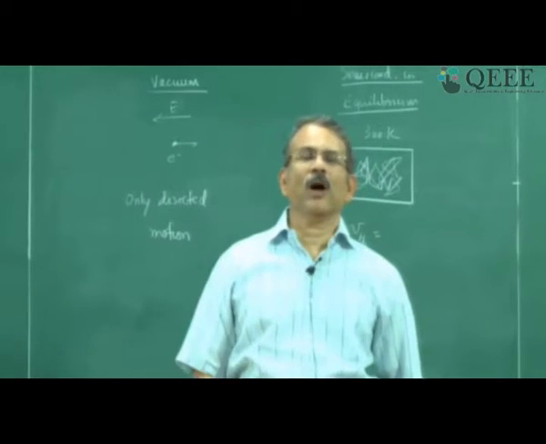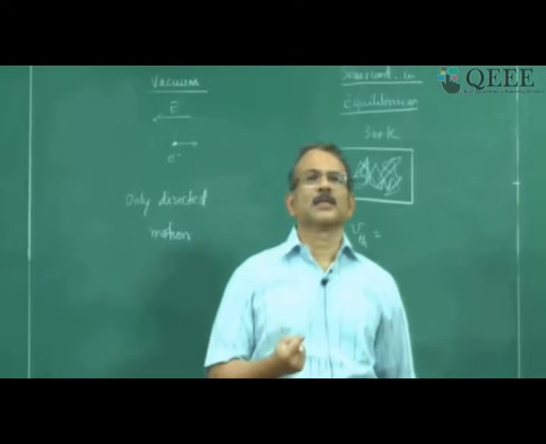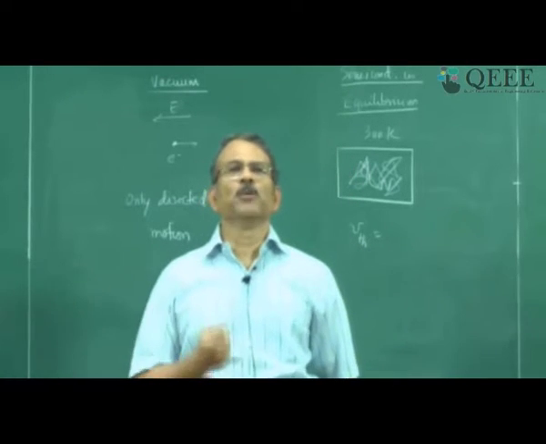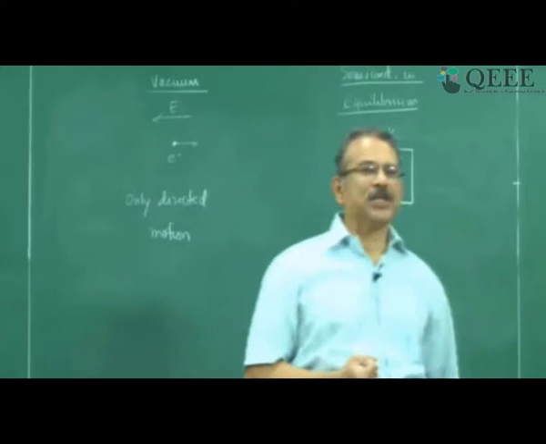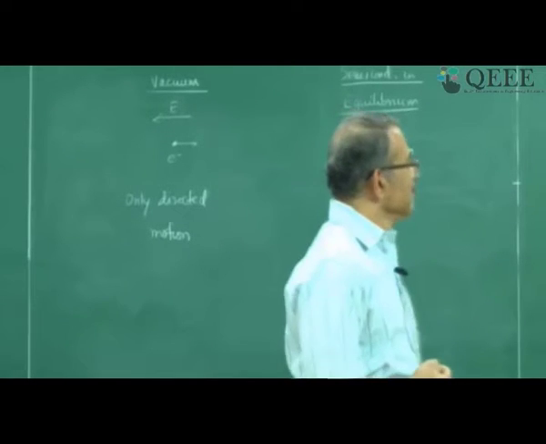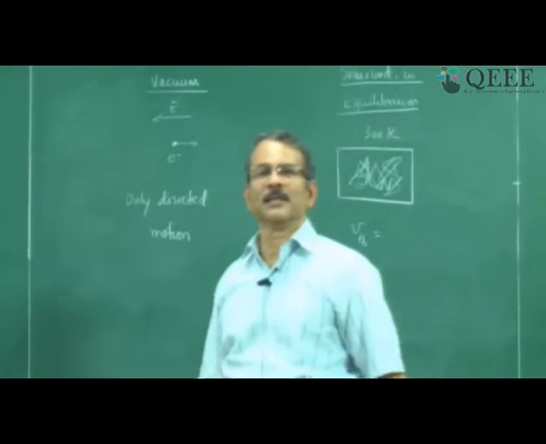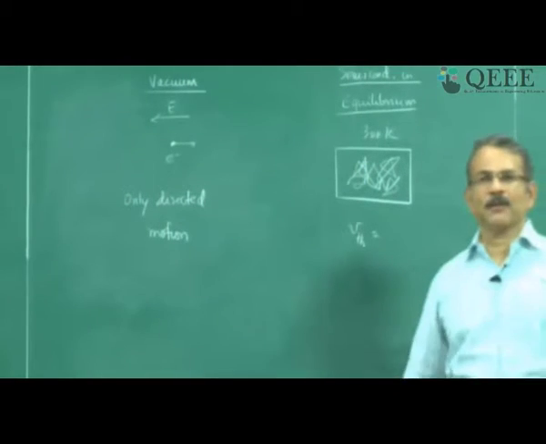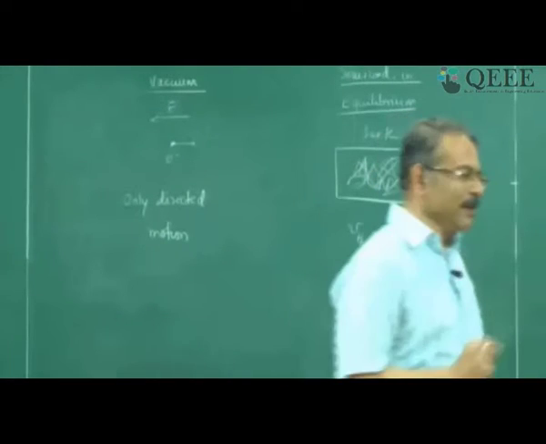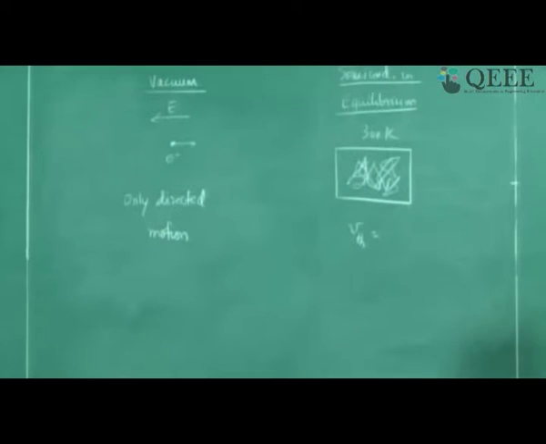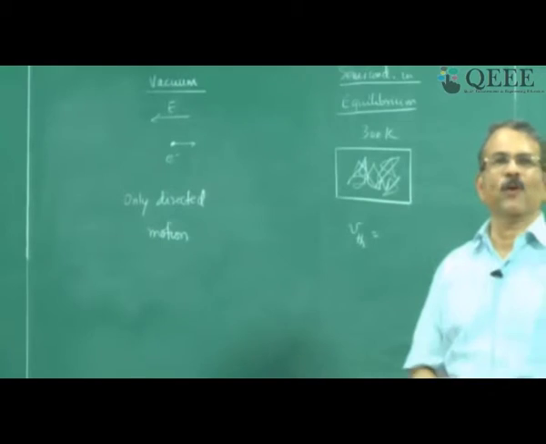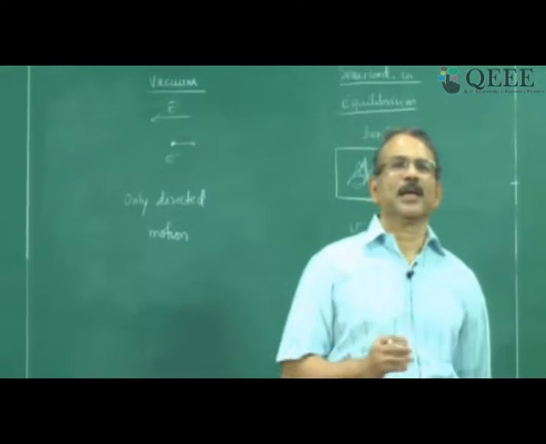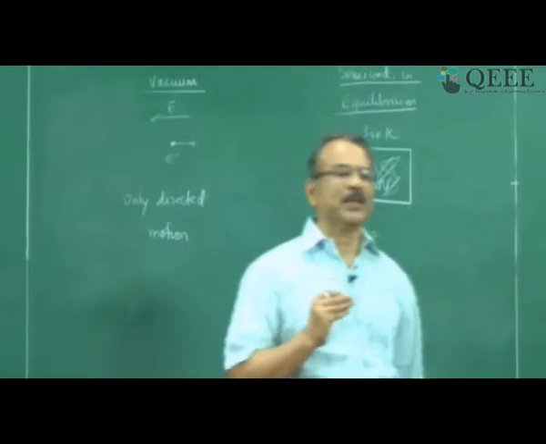That will give you an idea of how fast this motion is. Anyone can put down the number and tell me what it is. Is there a response? Some of you have asked some other question that I am going to answer later. First I want to know whether you have the answer to the question: what is the thermal velocity or speed of electrons at room temperature which are undergoing random motion?